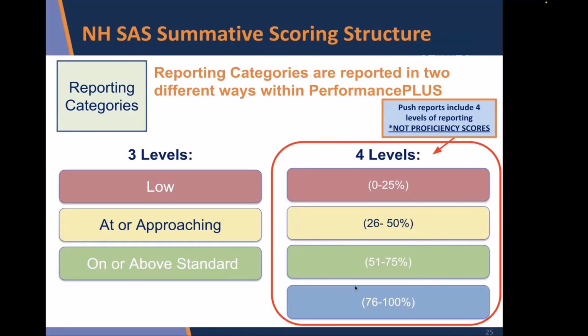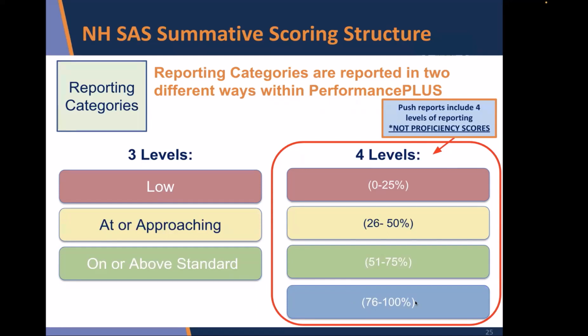So for a reporting category like operations and algebraic thinking, we will have the regular levels here, but we've also been able to break that out into students who score 0 to 25% of the points, 26 to 50% of the points, 51 to 75, and 76 to 100.